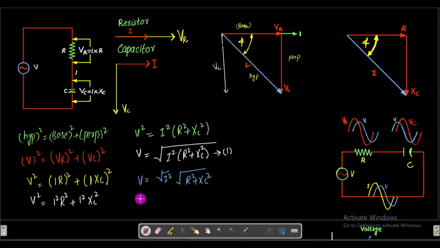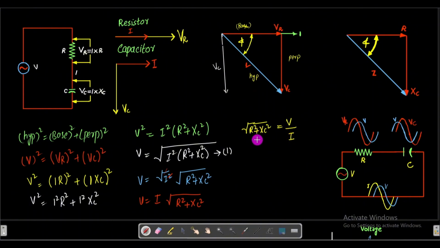So V is equal to I, since the square and square root cancel, into the square root of R square plus XC whole square. So we can write the square root of R square plus XC square as equal to V by I.